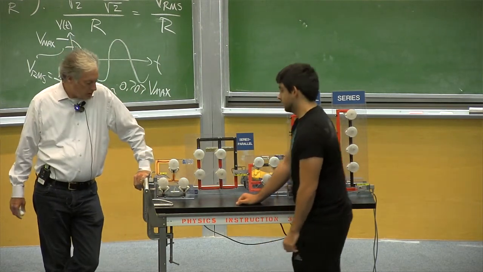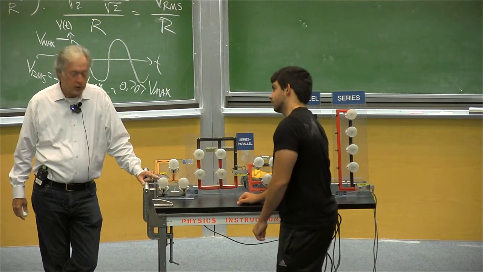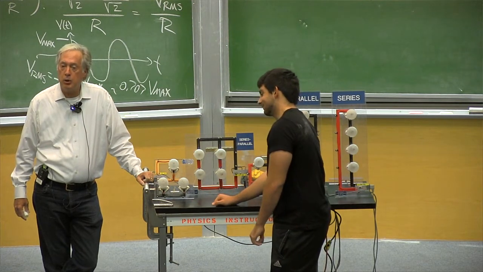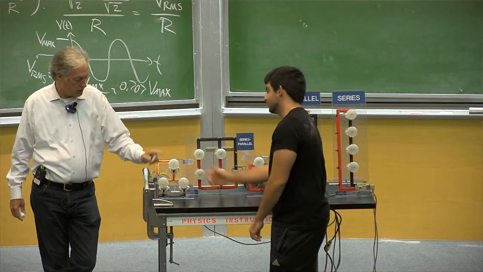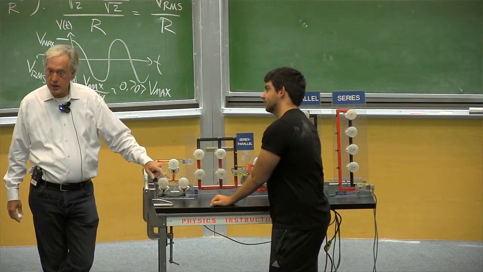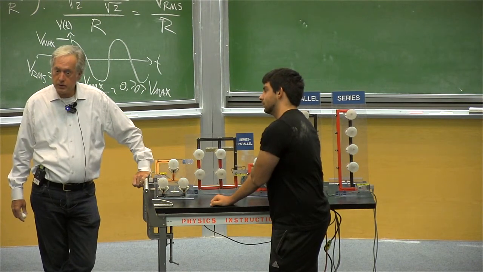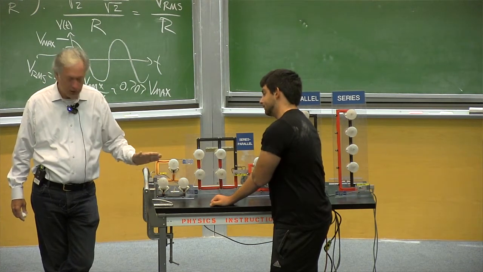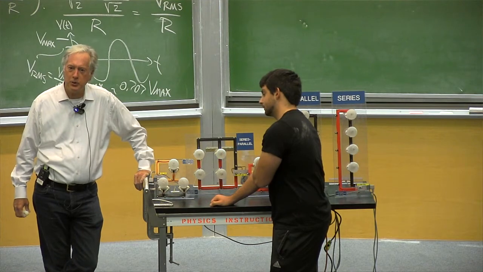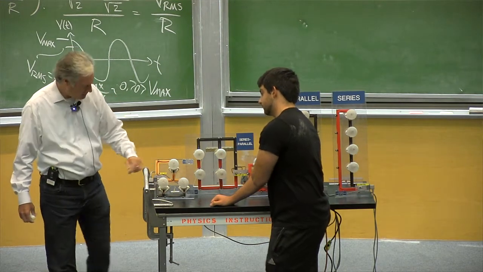Then the next thing we would observe would be, what happens if Sam unscrews one of the bottom bulbs? These two will stay lit. Yeah, but this one is going to carry all the current? No, just the same. And we have to think about the total resistance in the circuit changing too. Okay, let's go ahead and turn it on.